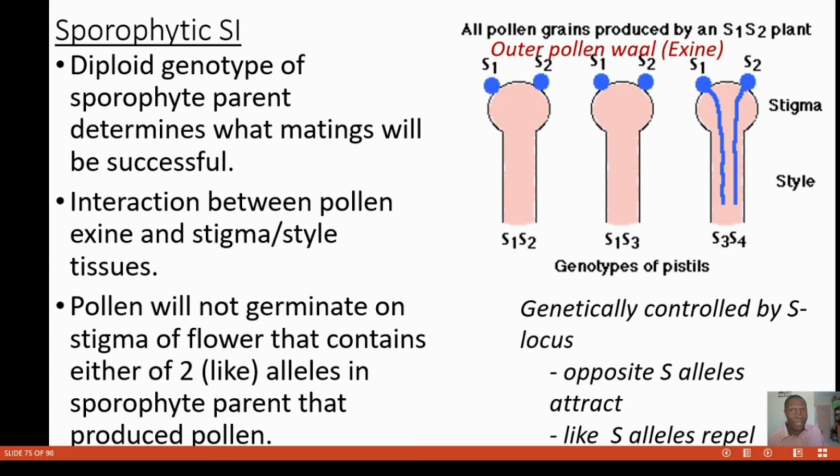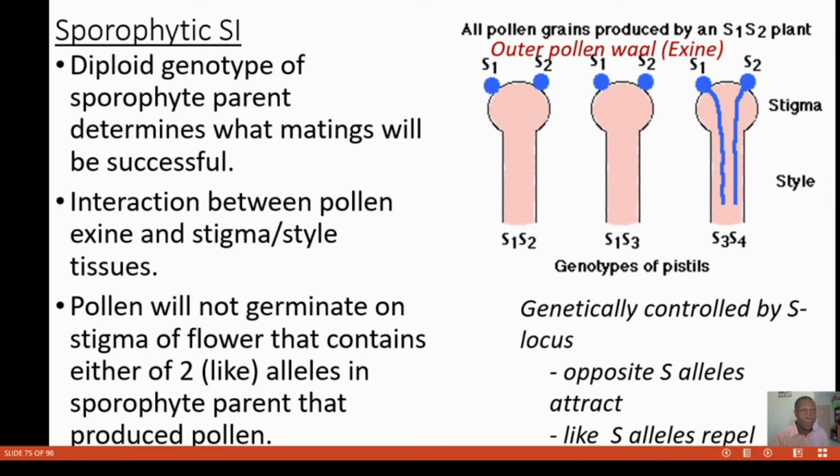Notice that the sporophytic self-incompatibility is where, when the outer pollen wall, not WAAL, but WALL, called the exine, touches the stigma, then if it has the genetic aspect of S1, S2 that is the same genetic aspect in the stigma, then there is self-incompatibility.